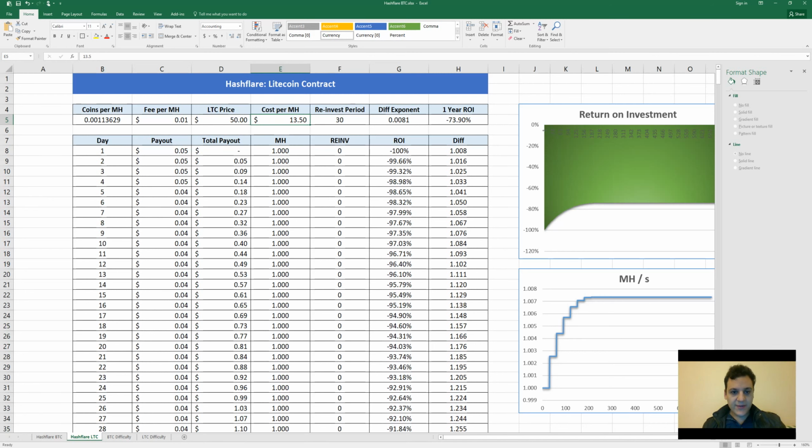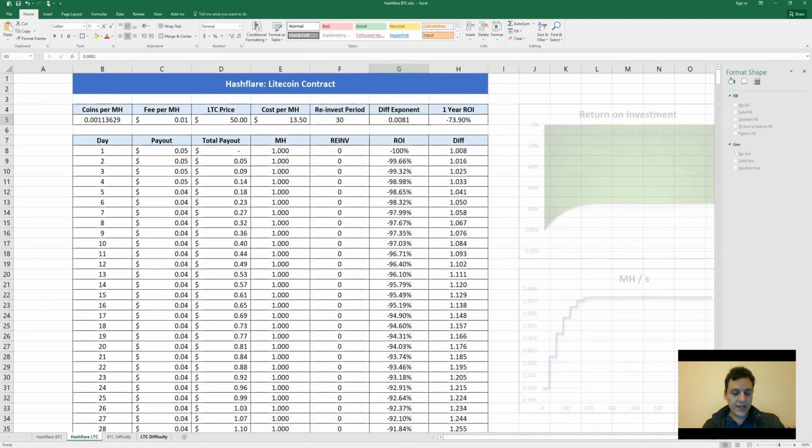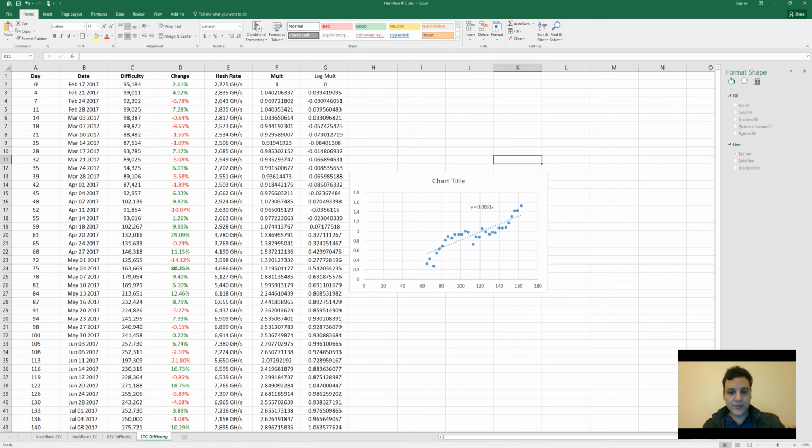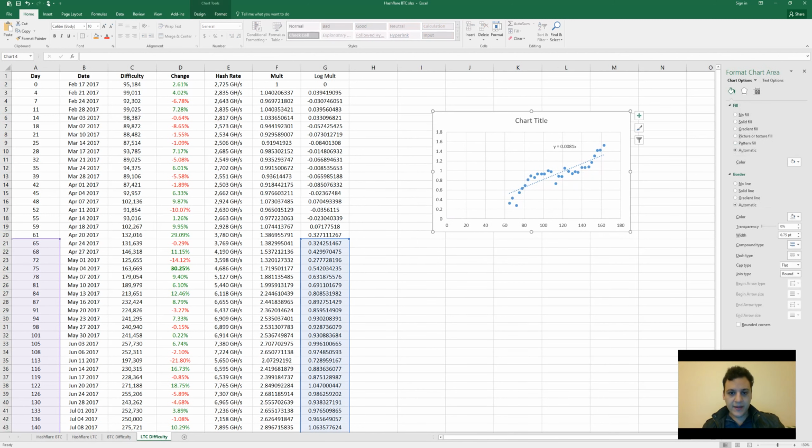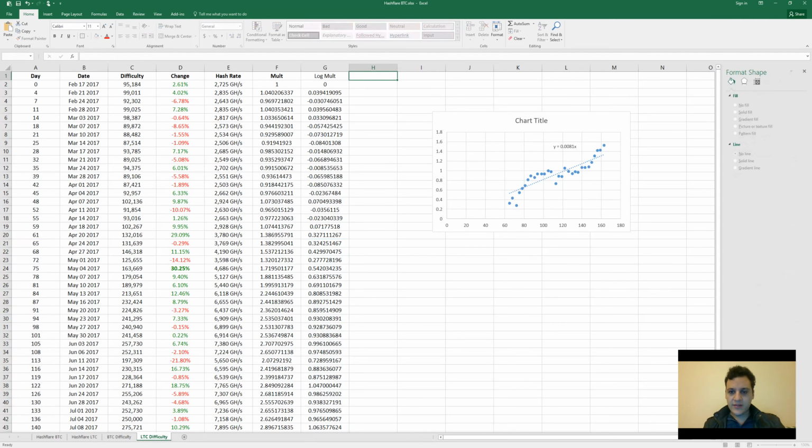Litecoin price is 50, cost per mega hash is $13.50, and the difficulty is not quite as predictable as Bitcoin was, probably because there's less data. But if we created a predicted column here, so predict, we have the exponential of 0.0081 multiplied by the day.